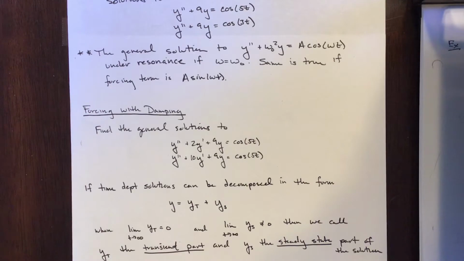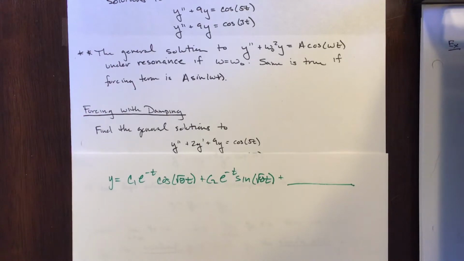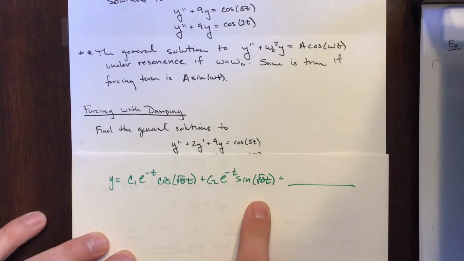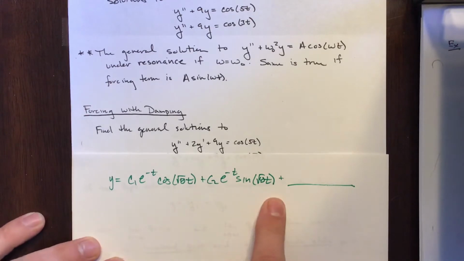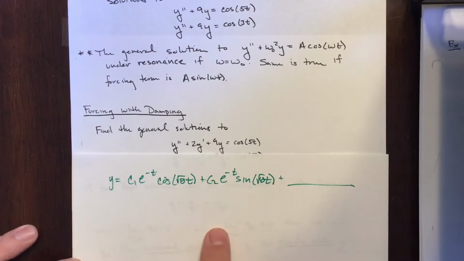Okay, so to solve these differential equations, you'll need the general solution, which we already have worked out. So that's c1 e to the negative t cosine root 8t and sine root 8t, plus the particular solution.